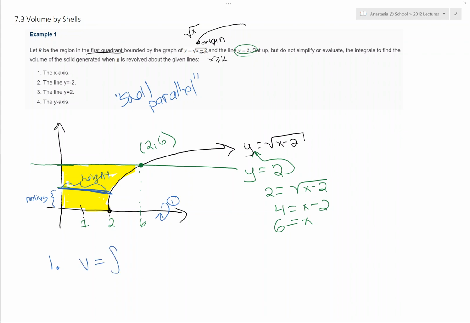So volume is going to equal the integral of, first off, let's figure out what variable we need to be integrating with respect to. For the shell method, it's flipped from disk washer. Disk washer is consistent with the axis of revolution. So disk washer would say x-axis means in terms of x, but shell is flipped. So that means that we need to integrate with respect to y.